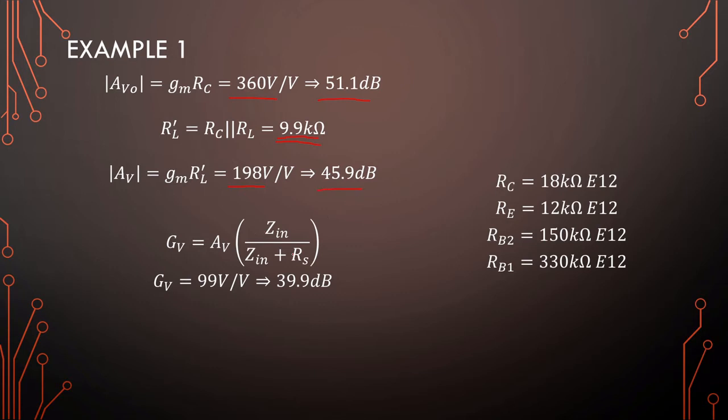Zin being equal to Rs, this will be multiplied by a half, and that gives us 99 volts per volt or 39.9 dBs, technically something close to 40 decibels right here. So let's go over to our simulation and verify our results.